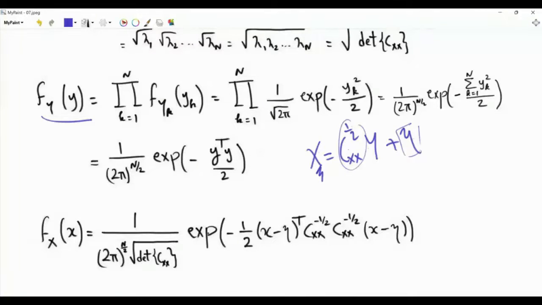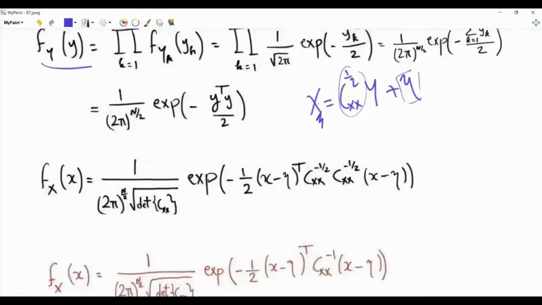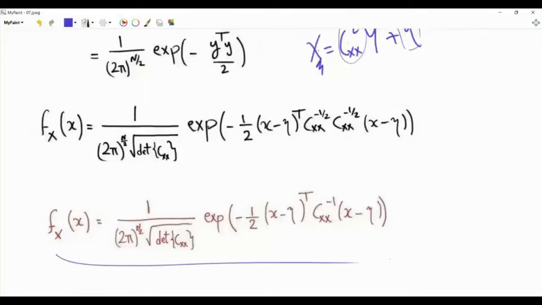Now, if we express y in terms of x and do the substitution, and then we should take into account the Jacobian of the transformation, we end up with the well-known multivariate Gaussian distribution. And as you can see, the distribution is parameterized by the mean vector eta and by the covariance matrix Cxx.